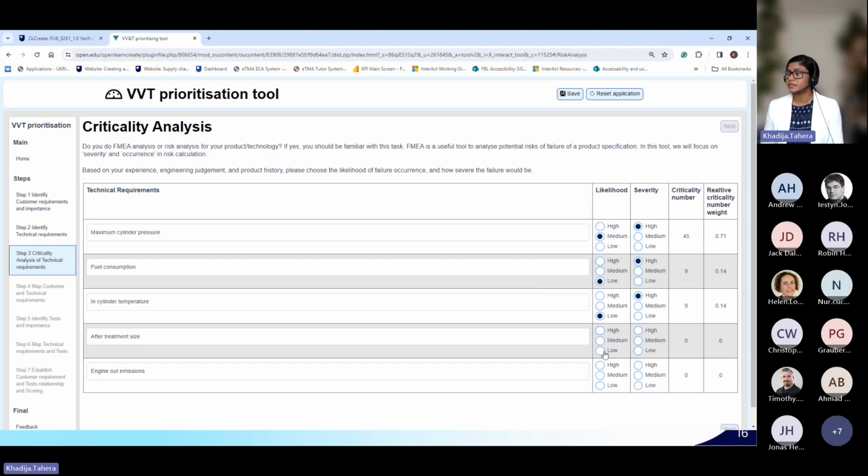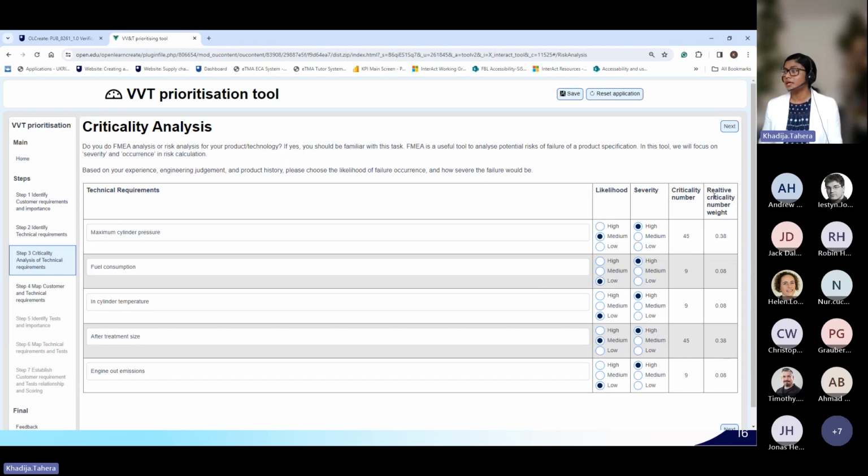After-treatment size, if it happens, the likelihood is medium, because we are not that developed, for example, and then its consequence is very high. And again, this one, let's say I'm just choosing that the likelihood of happening is low and the consequence is very high.